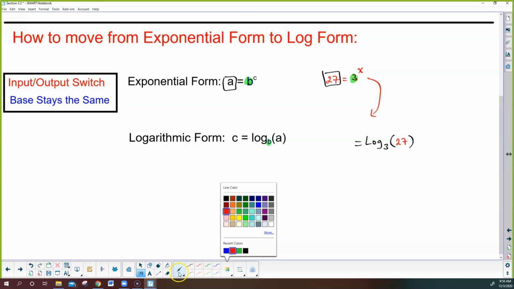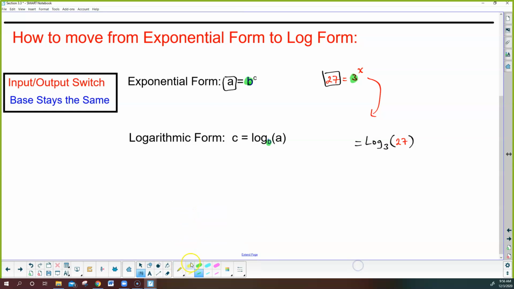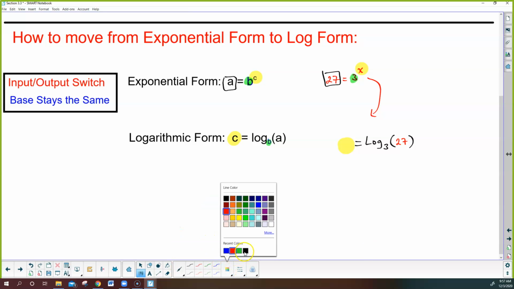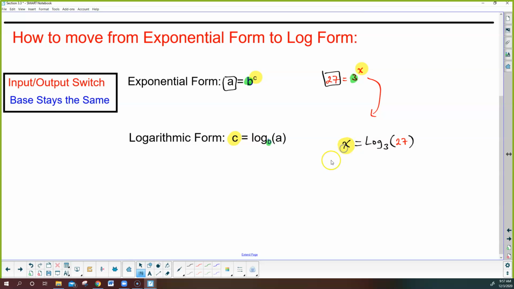And then if we do this, notice the exponent c, or in this case the x, is what the answer of the log becomes. And that's how we're going to be able to isolate x and solve for x right here. So we're going to have to change from exponential form into log form. And then eventually, not today, I'm going to show you how to use your calculator to actually solve this.